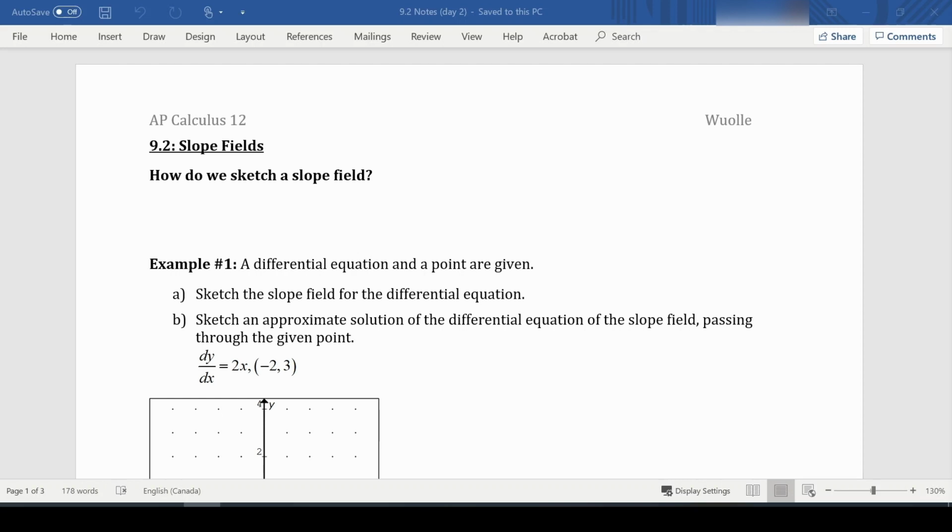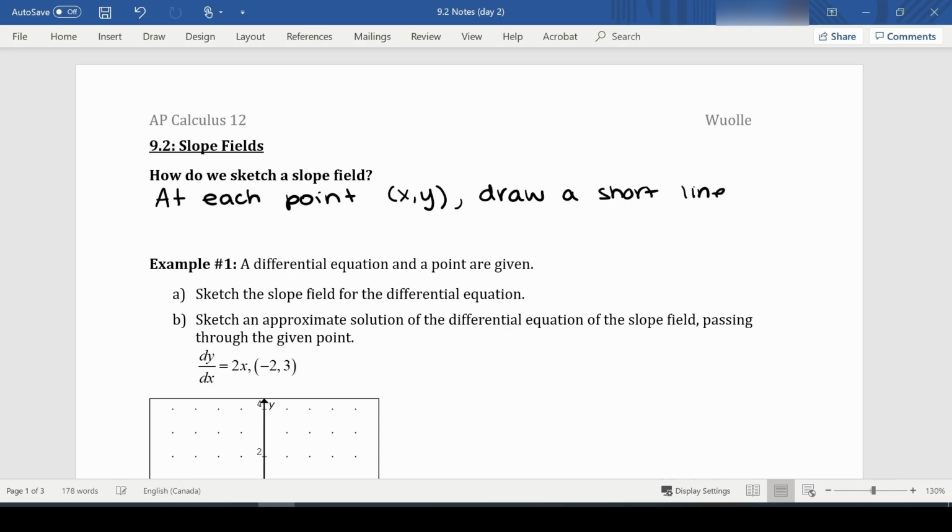So how do we sketch a slope field? Hopefully this will make more sense once we get into it and start trying a few problems. Basically, at each point x, y, we're going to draw a short line segment. It's not going to go through your whole grid.